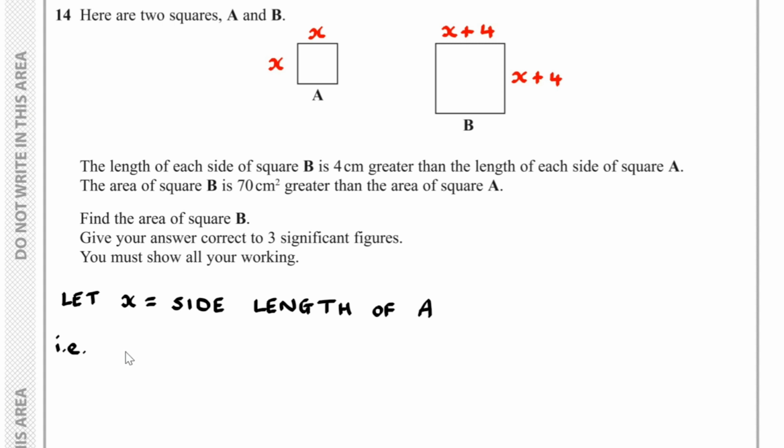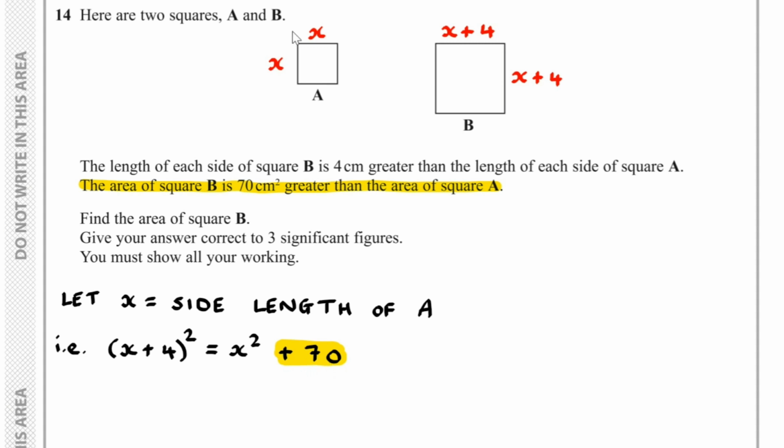We've got the area of square B, that's x plus 4 squared, and this is equal to x squared plus 70. And the reason we add 70 is because of the statement that we were told in the question.